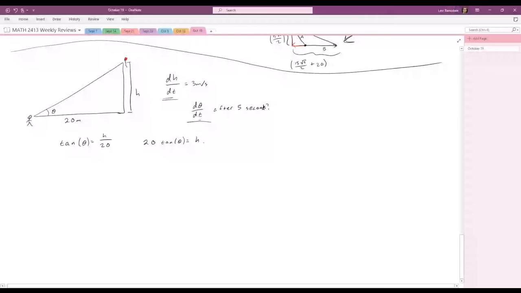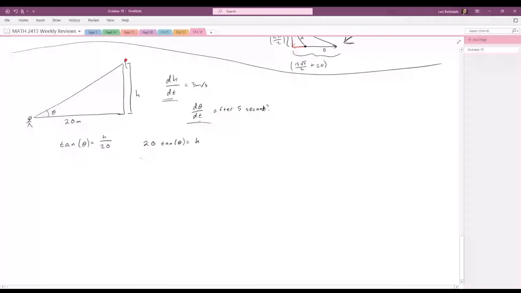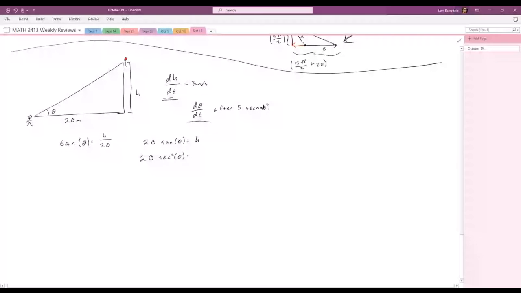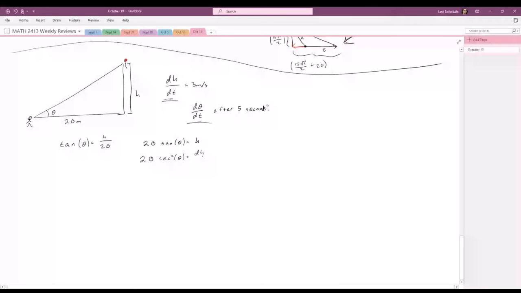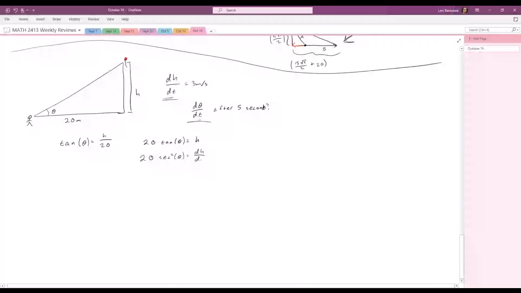So then when I take the derivative of this, I get that 20 secant squared of theta is equal to dh over dt. Oh, I forgot to include. So when I take the derivative of 20 tangent theta, I have 20 times secant squared of theta times the derivative of theta, because that's what's on the inside.